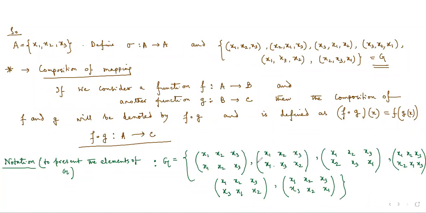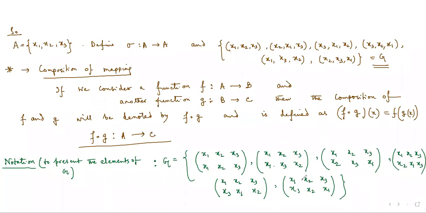This is how we represent the elements of the capital G, where row 1 represents the pre-image and row 2 represents the image. So from now onwards, we are going to represent the elements of capital G as follows.